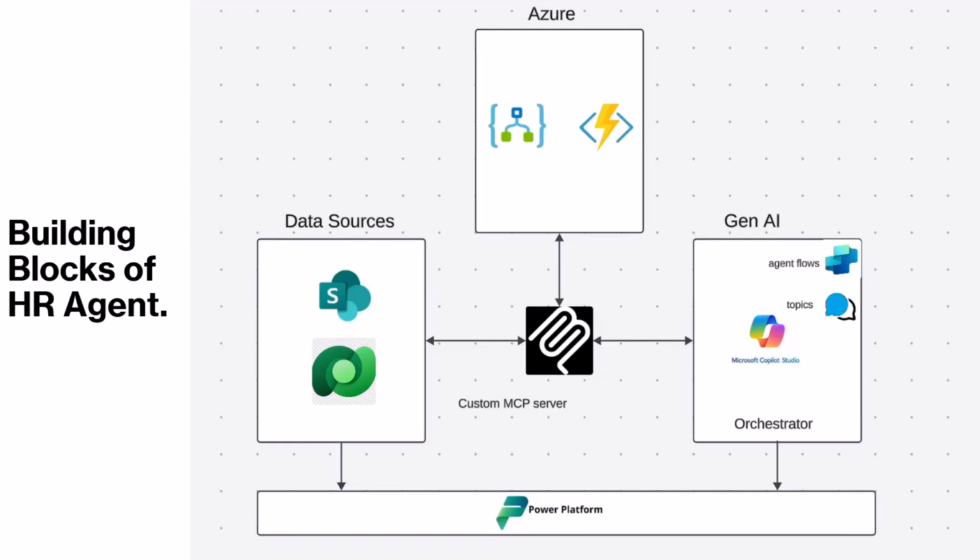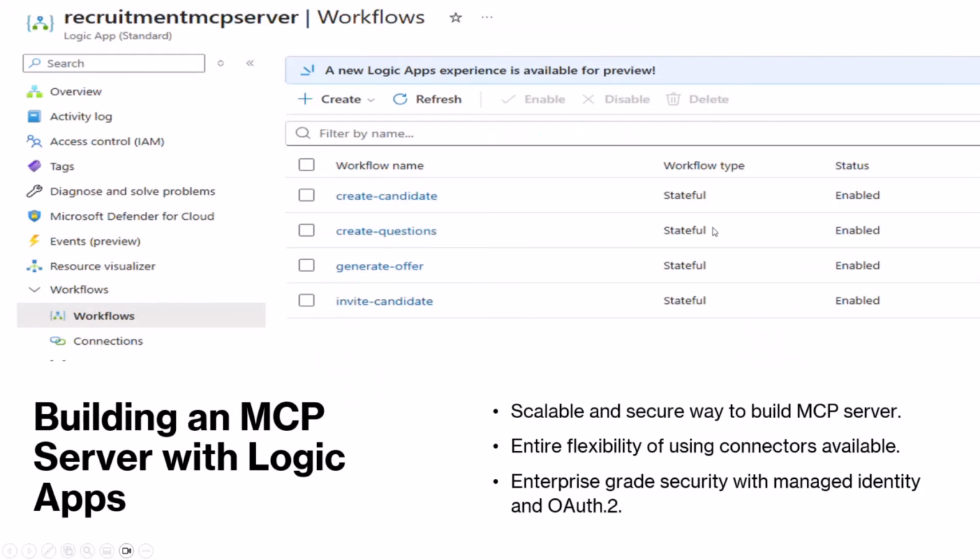We have the data sources with SharePoint, and the data is also stored in Dataverse. The custom MCP server is also talking to an Azure Function app to generate the offer letters and things like that. And we have the usual set of tools like agent flows driving the flows, and then we have some topics which are driving the process.